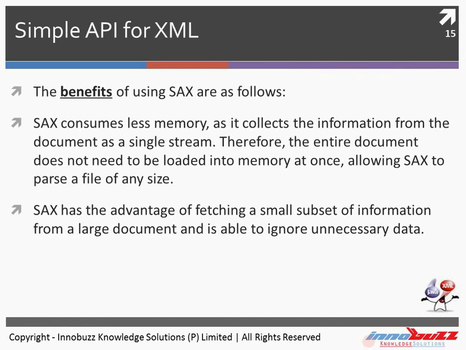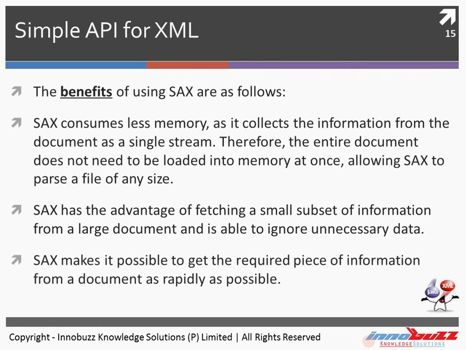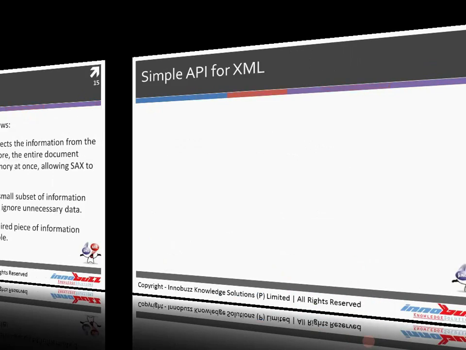SAX has the advantage of fetching a small subset of information from a large document and is able to ignore unnecessary data. SAX makes it possible to get the required piece of information from a document as rapidly as possible. These are the benefits when you use the Simple API for XML for parsing your XML documents.